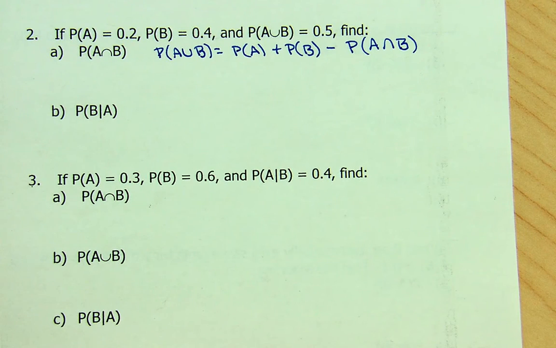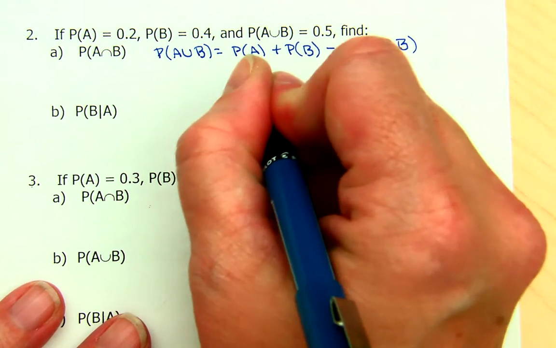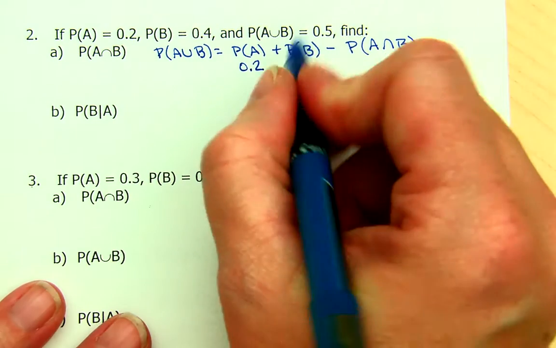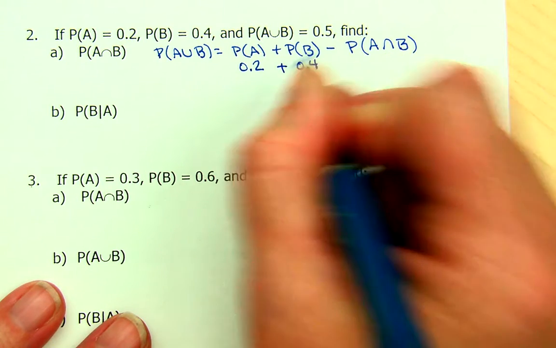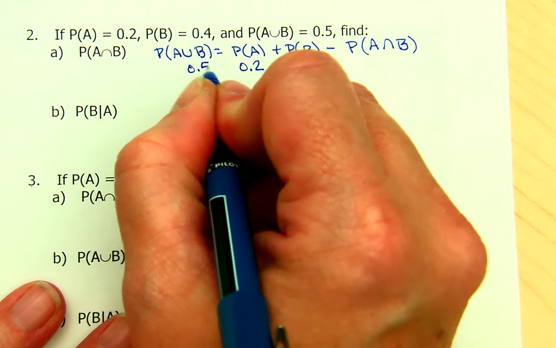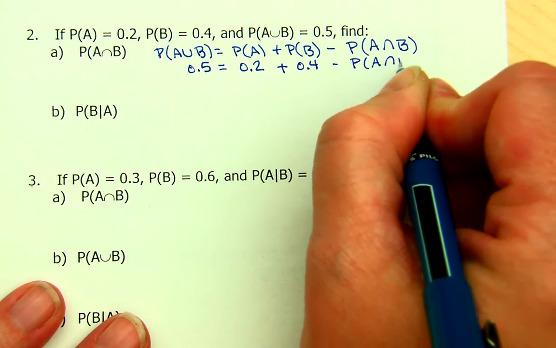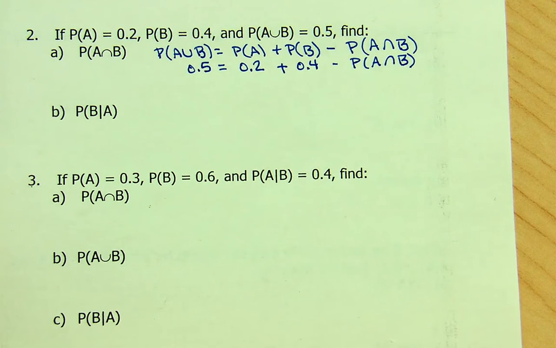Then I just plug in the numbers that I know. I know A is 0.2, B is 0.4, and A union B is 0.5. I'm looking for this A and B. Just put in the values that you know and solve for what is left.